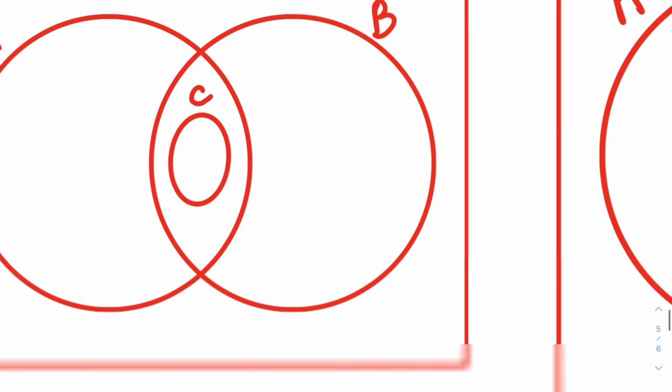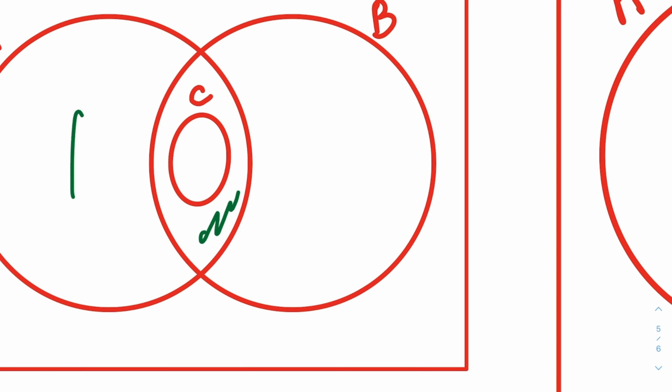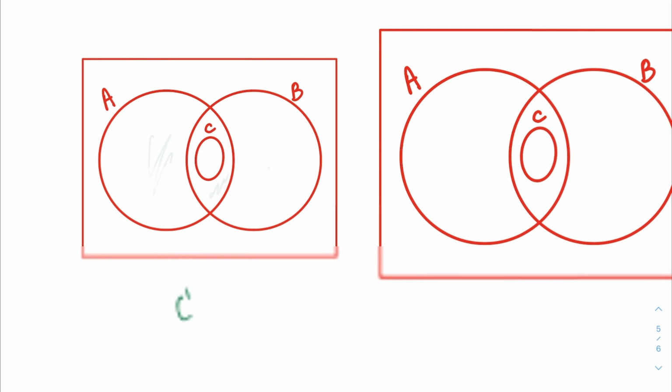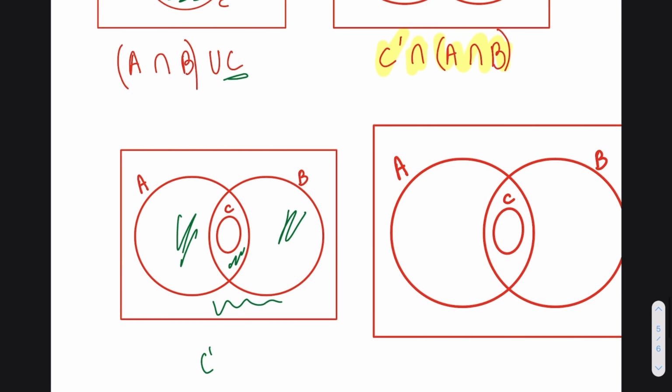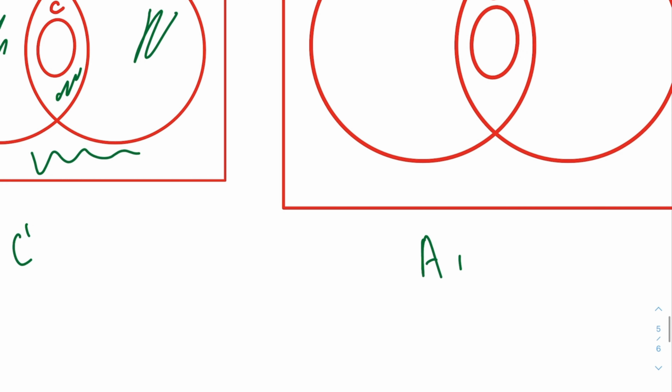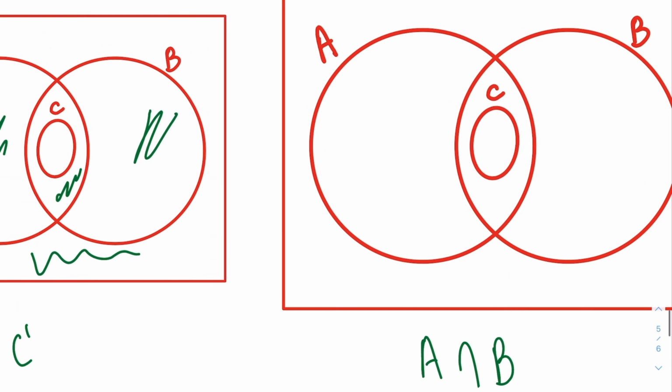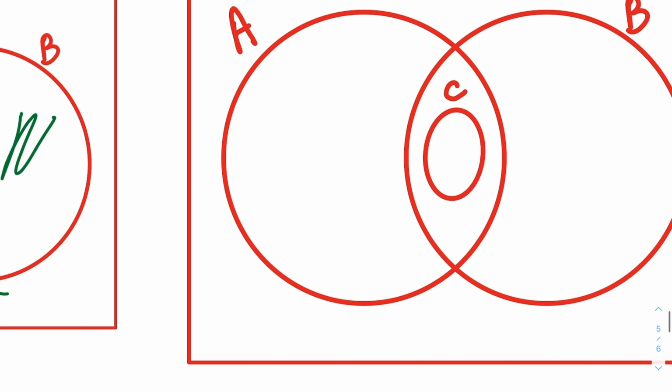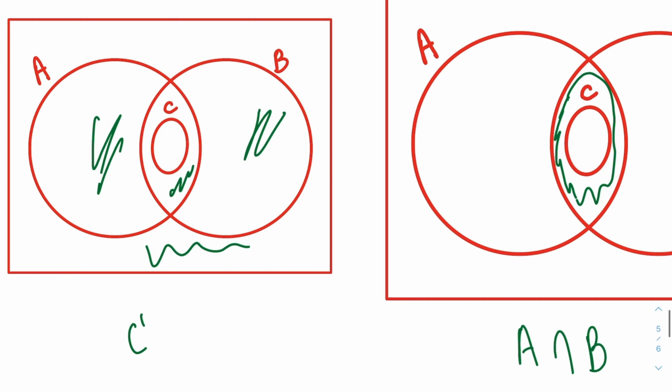C dash is this region, this region, this region, and this region. And the last one is A intersecting B, which is this middle region here. So what is common between them?